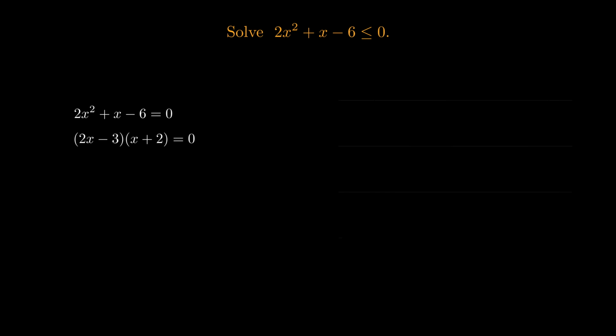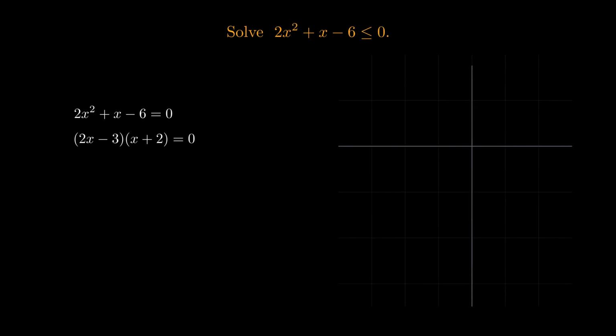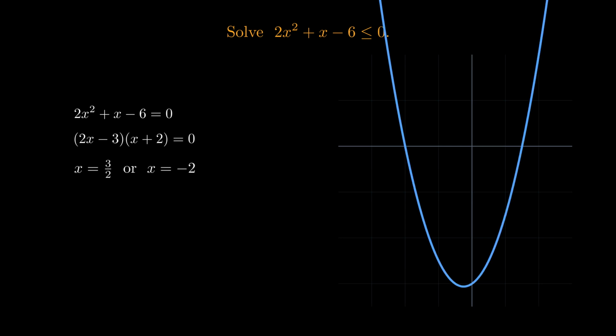Example 4. A full inequality with a leading coefficient and a less than or equal sign. Solve 2x² + x − 6 ≤ 0. Same plan. First, solve the equation. It factors as (2x − 3)(x + 2), giving x = 3/2 or x = −2.